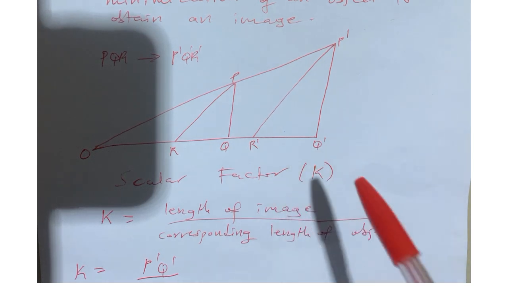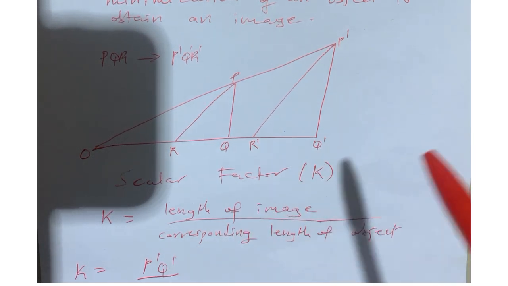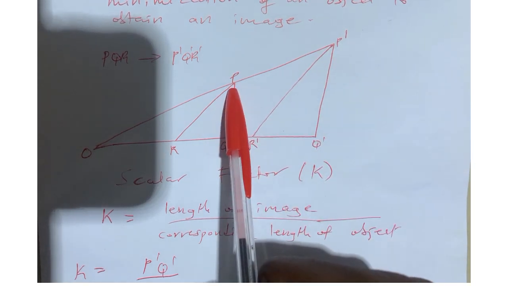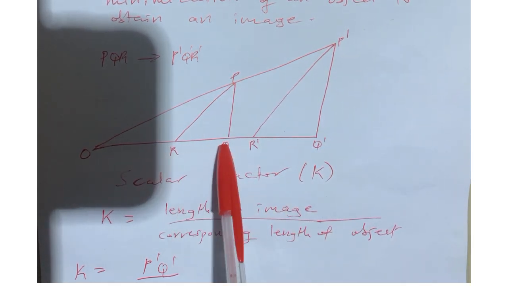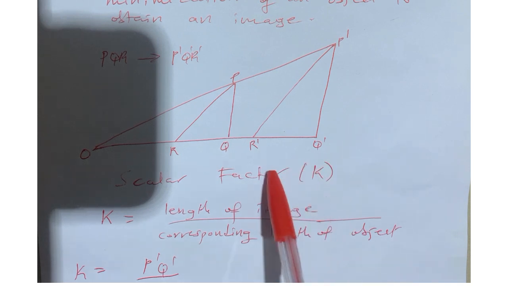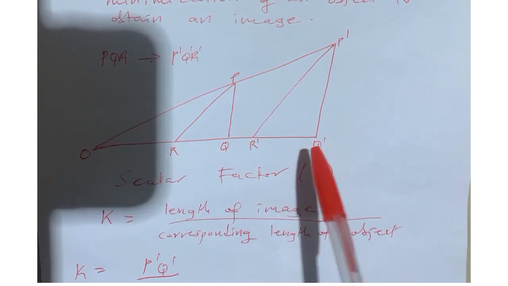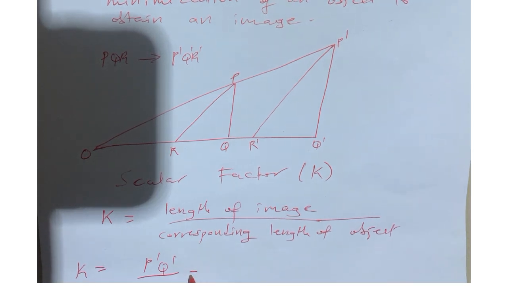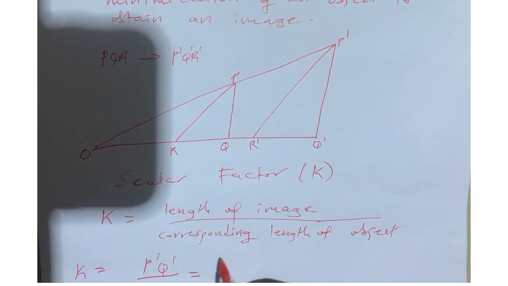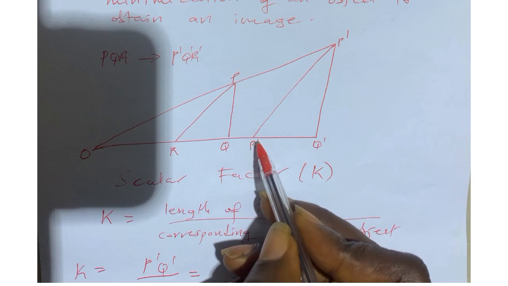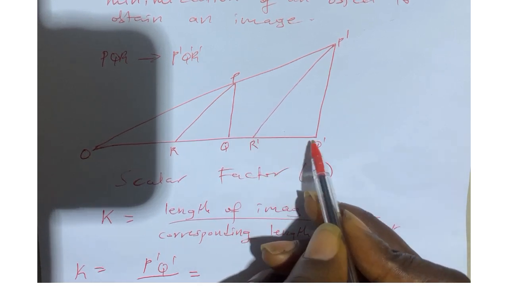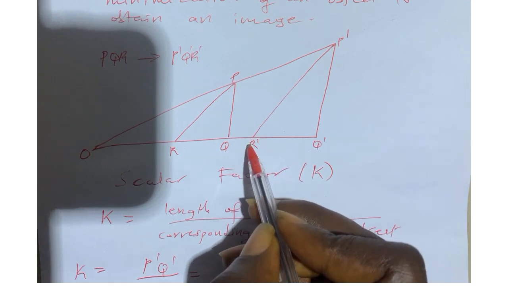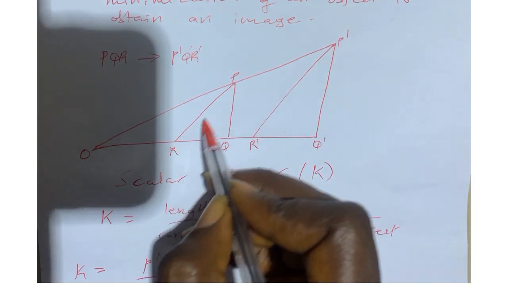But note, just as I said, the scale factor is a constant. So whether I use this side and this side to calculate the scale factor, or probably RQ and R prime Q prime to calculate the scale factor, it's always going to be the same. Because of that, I can also say that this triangle R prime Q prime is the image of this triangle.